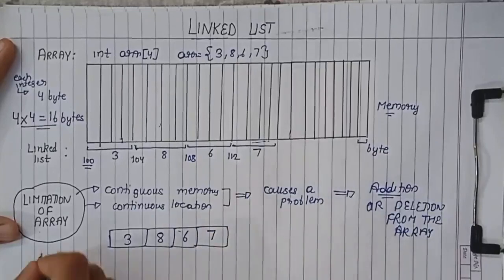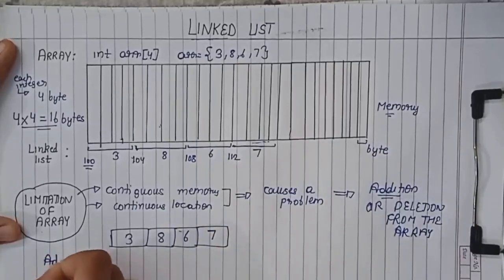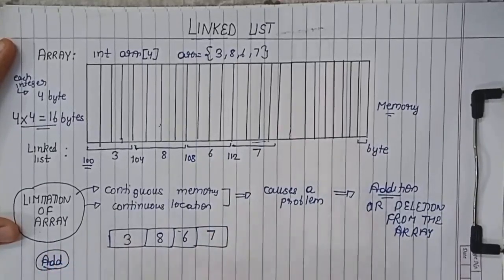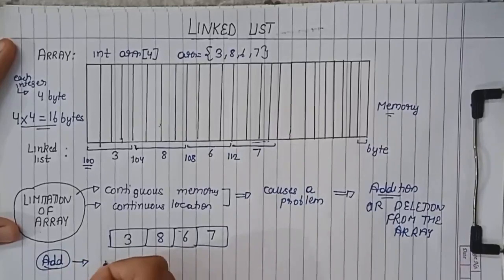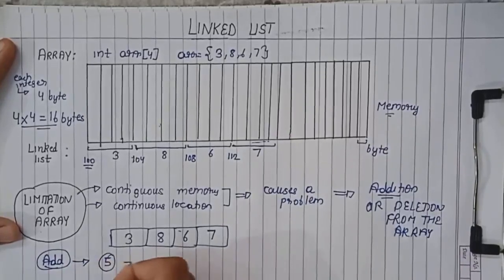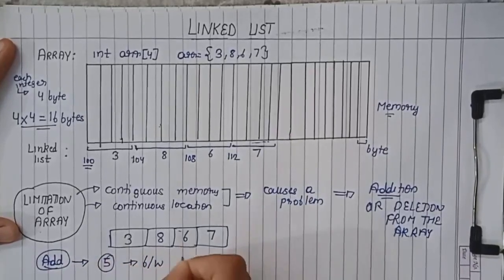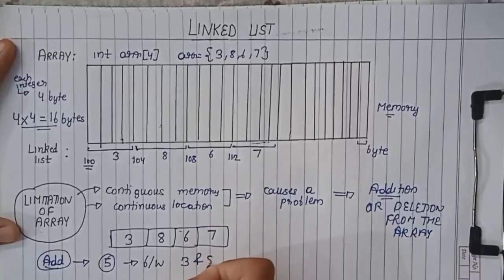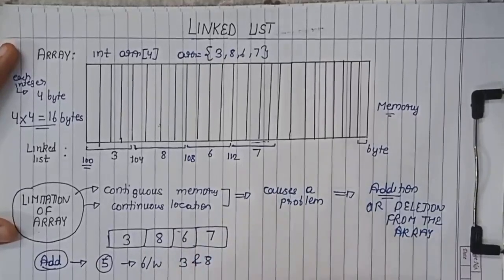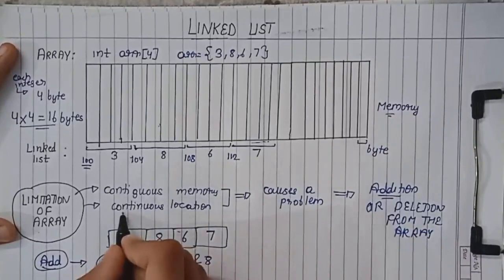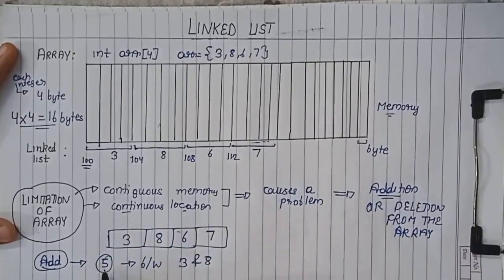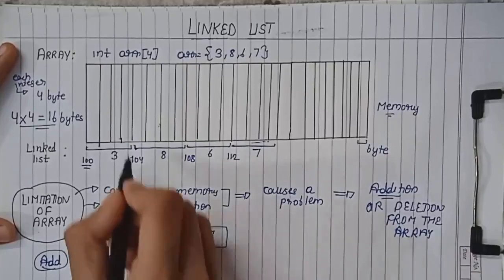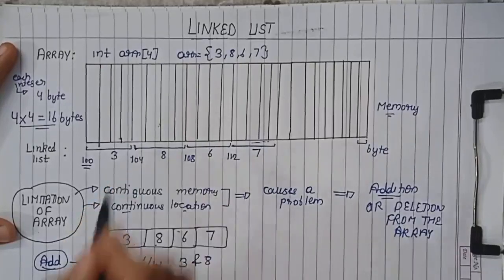For example, let us say someone has asked you to add the element 5 between 3 and 8. Since arrays have continuous memory allocation, you can't add 5 between 3 and 8 because there is no memory between 3 and 8.